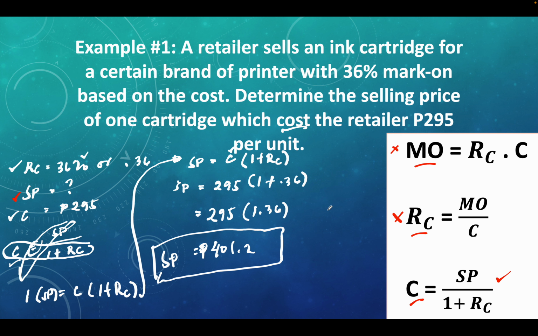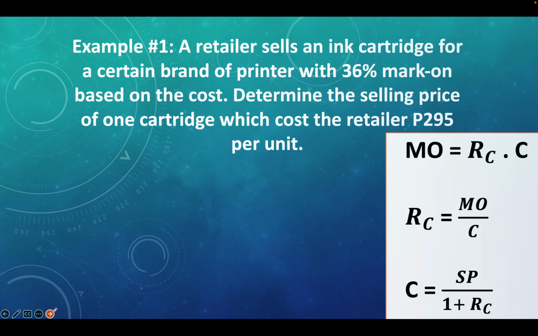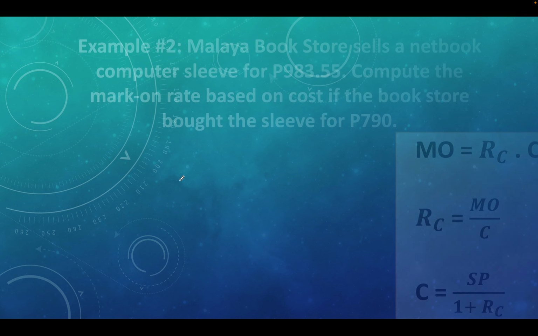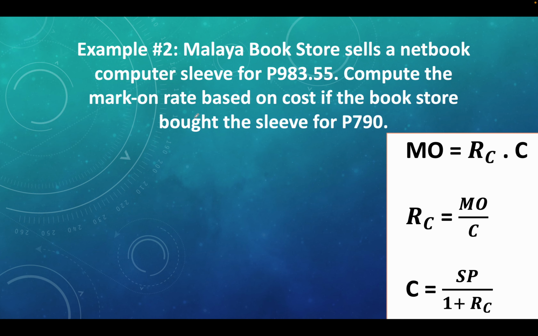Next example. Malaya Bookstore sells a netbook computer sleeve for 983.55. Compute the mark-on rate based on cost if the bookstore bought the sleeve for 790.